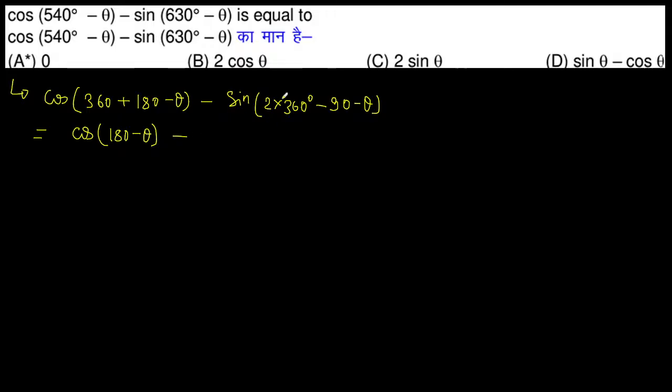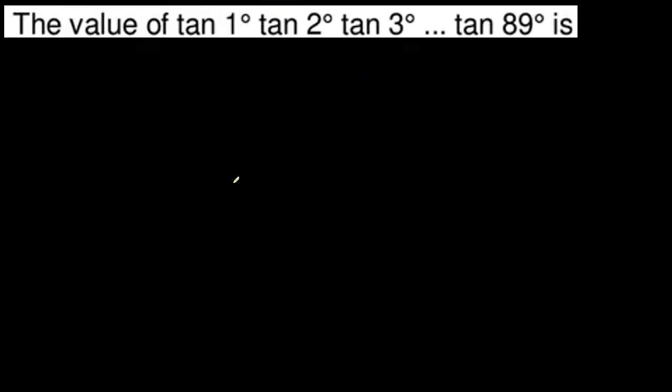Minus 720 will be going out, it's a multiple of 360, so it will come out to be sine minus 90 minus theta. Cos 180 minus theta is nothing but minus cos theta. We'll take minus out, it will become plus. So plus sine 90 plus theta is cos theta, which is equal to 0. So option A is the answer, 0.